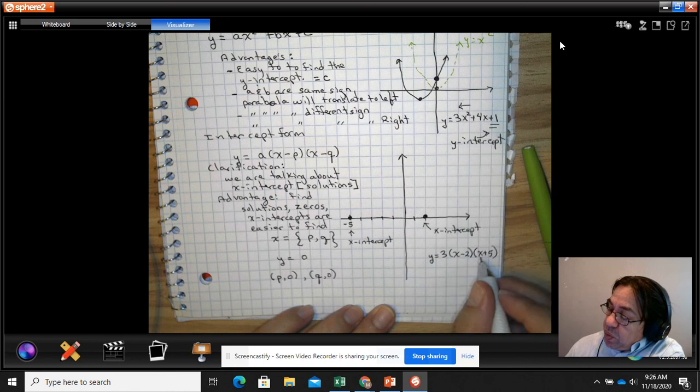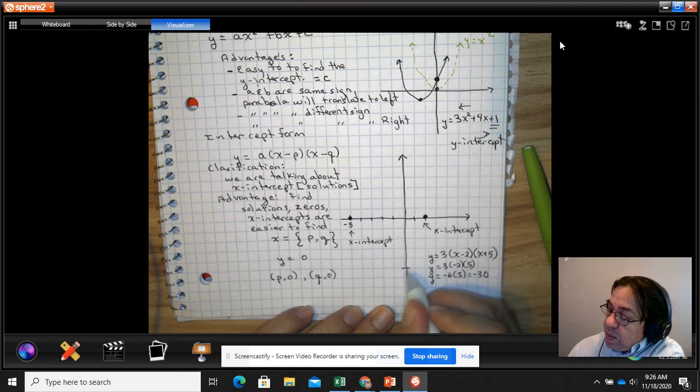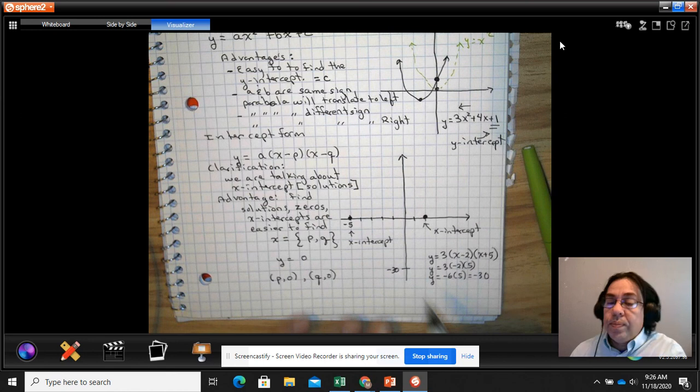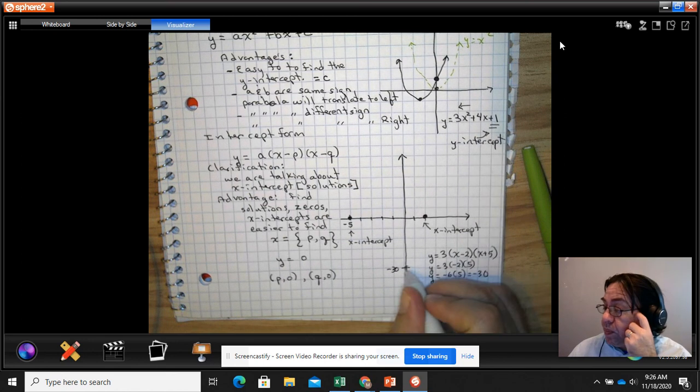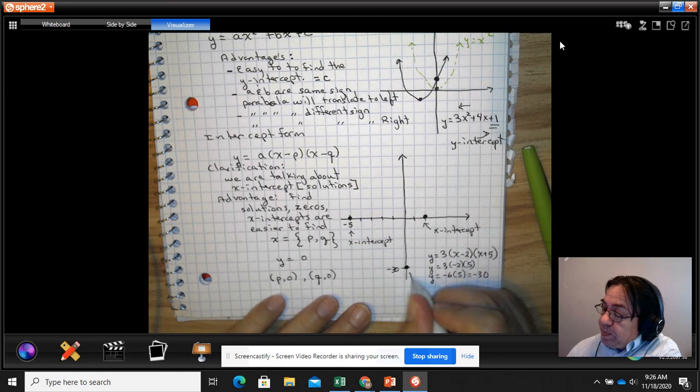You either let x equal 0 and solve for y, in which case you're going to have 3 times negative 2 times 5, which gives you negative 6 times 5, which is equal to negative 30. That's the y-intercept.